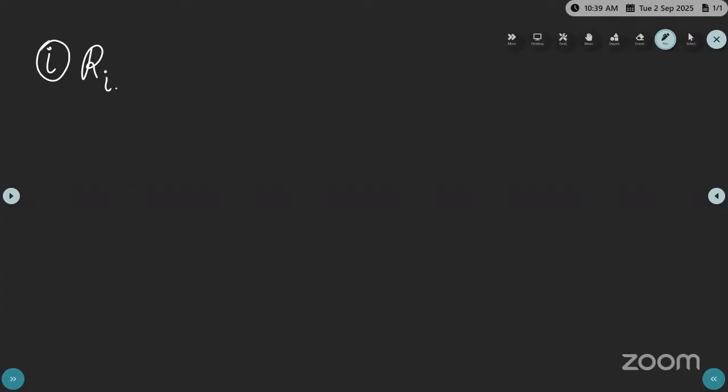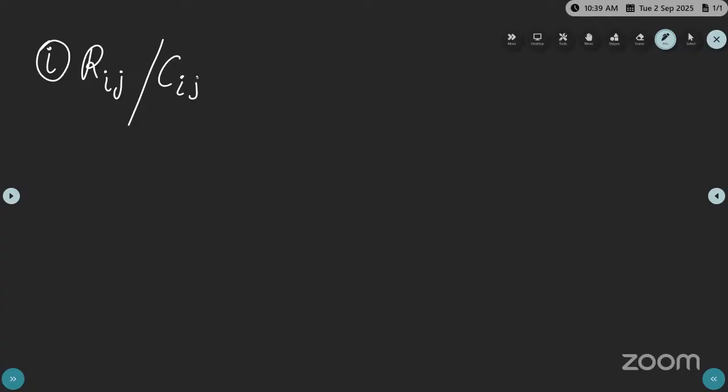R is a, this is R. C is a. Interchanging ith and jth rows.